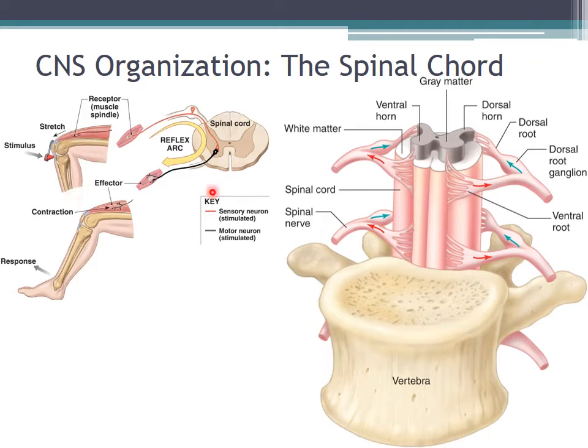What you see in this simplified example of a reflex arc is the simplest situation, where you have one sensory neuron, a single synapse, and one motor neuron. This is what's called a monosynaptic reflex. Monosynaptic reflexes are very simple, and so they can be very fast.